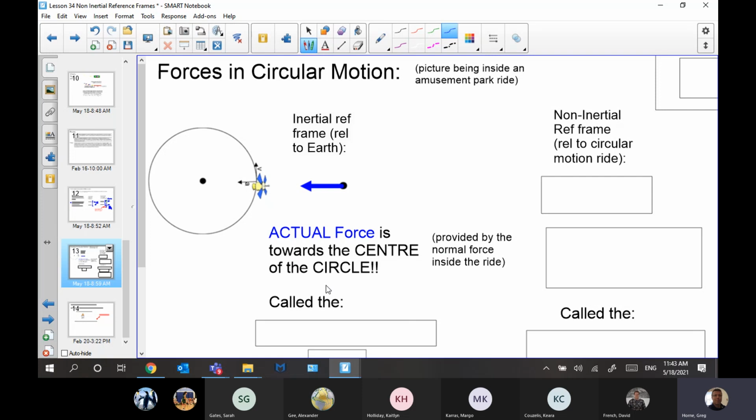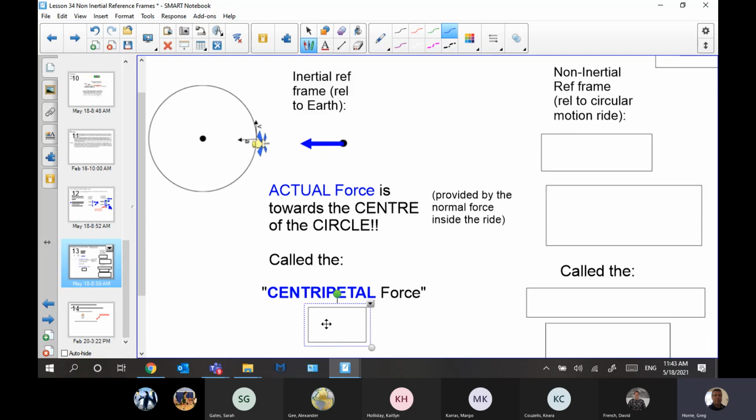If this is an amusement park ride and you're buckled in, the normal force, or the seat in the ride, is going to be pushing you towards the center in order to make you travel in a circle. That's what's really going on relative to the Earth, right? That force is called the centripetal force.